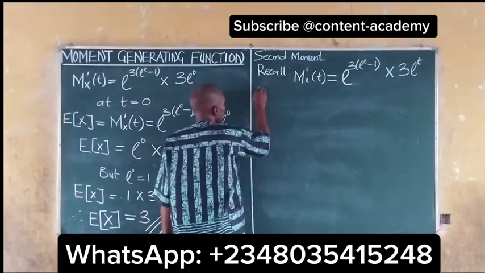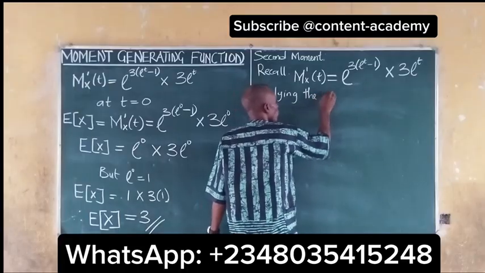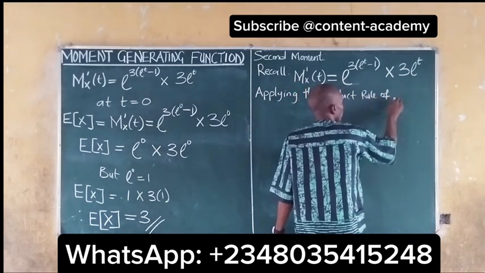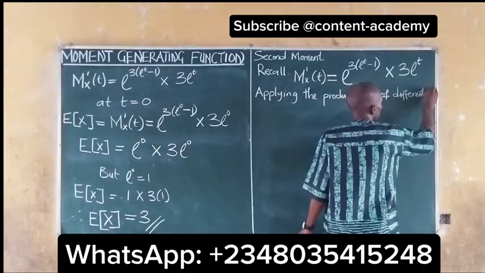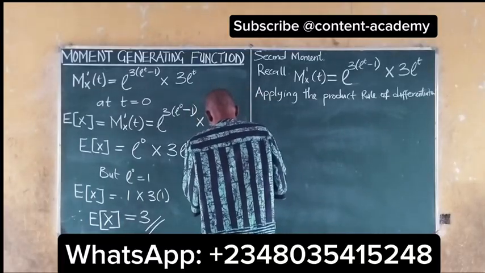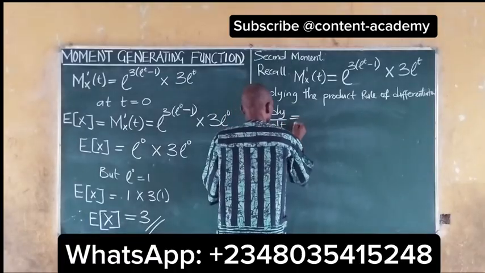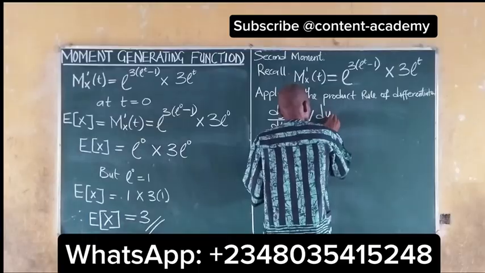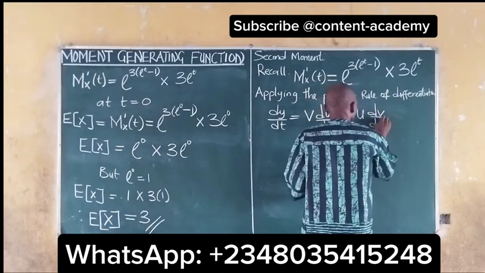Applying the product rule, we can write it as dy/dt equal to v du/dt plus u dv/dt.